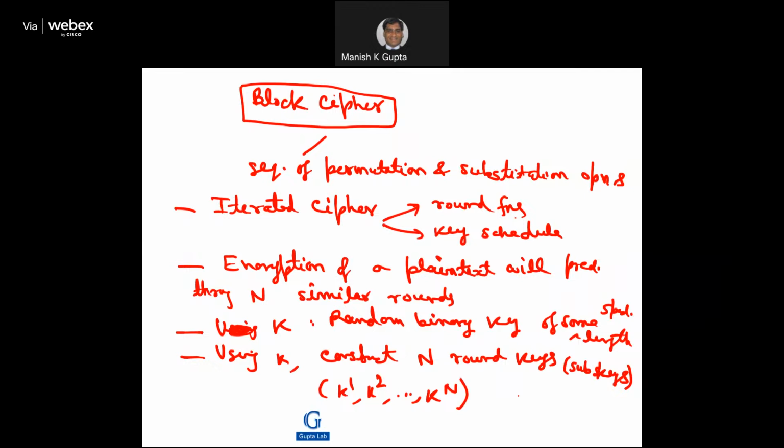Using this random key, we construct n round keys, also called sub keys, k1, k2, ..., kn, which are used in each round. Starting with a plain text, a binary string, you do substitution and permutation, and then you add one key, k1, then again do substitution and permutation, add another key, k2, and do substitution permutation again, add another key, k3. Like that, we keep on doing things, right? That is the basic idea. In each round, we have a round key.